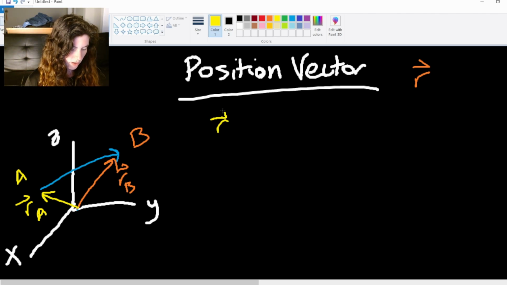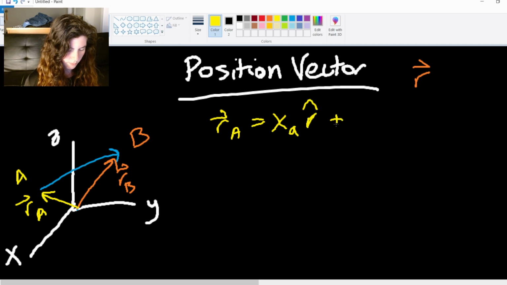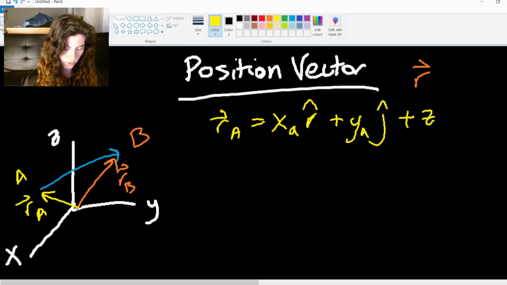For each of these vectors, we're going to have their Cartesian components, right? So the vector A is going to have an x component of A, i hat, plus the y component of A, j hat, plus the z component of A, k hat. And our B vector works exactly the same.